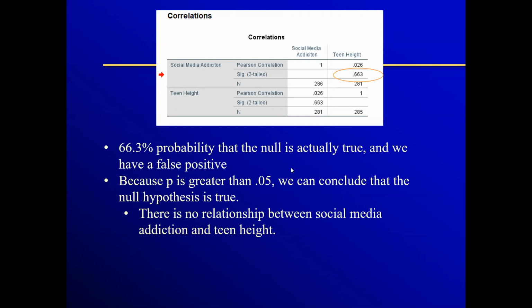But in practice, as a researcher, I would just look at this and say, oh, okay, because this is greater than 0.05, we can conclude that the null hypothesis is true, or we can conclude that there is no relationship between social media addiction and teen height. So because this is greater than 0.05, the null is true. If it's less than 0.05, the null is not true.